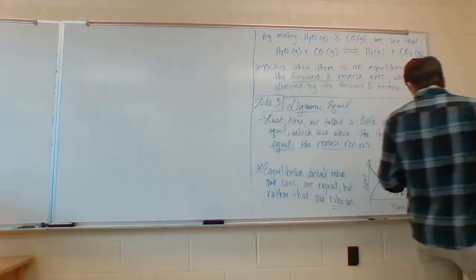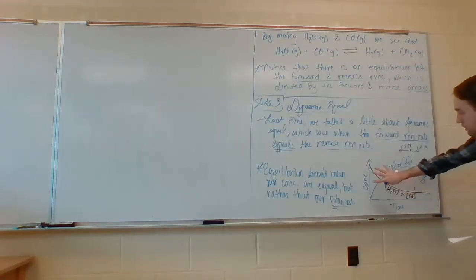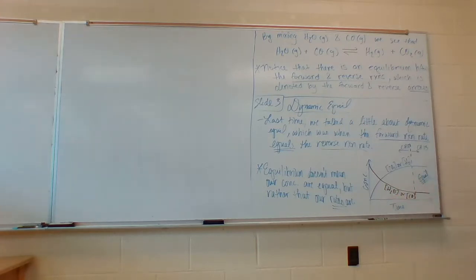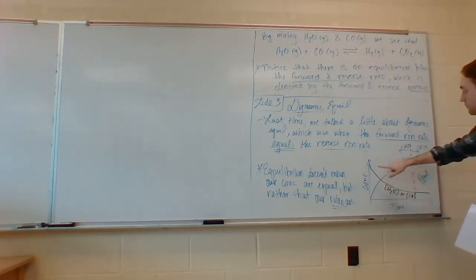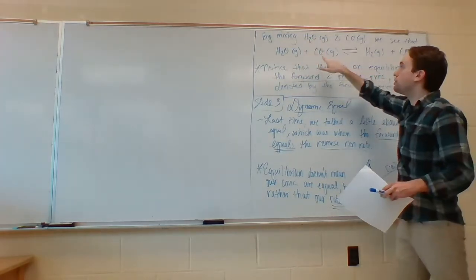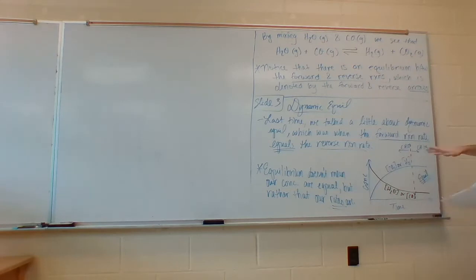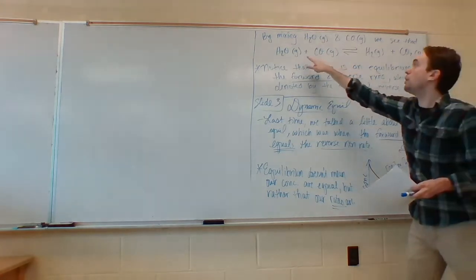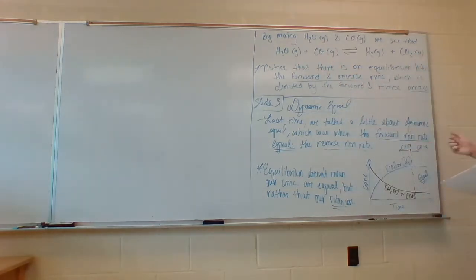So if you look at slide 3, what you'll see is that plot where we have time on our x-axis and concentration on our vertical axis. And we look at this reaction here where we start with our reactants, right? We have H2O and CO gas, and we could either use the H2O or the CO for our kinetics.